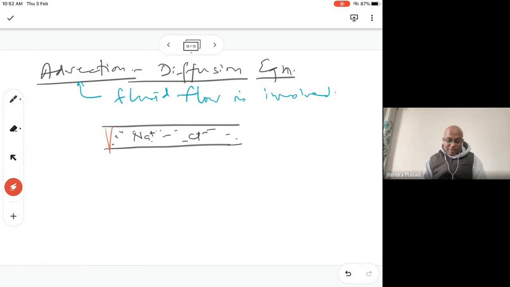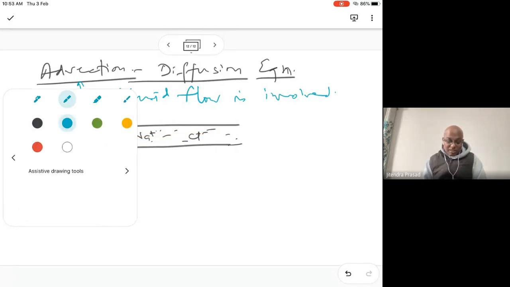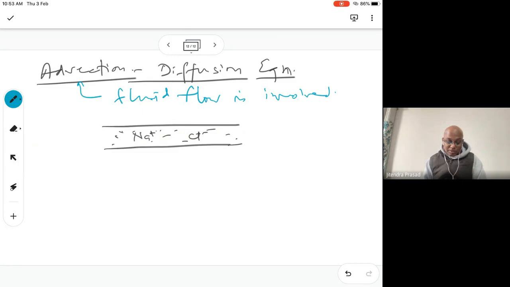There may be a difference in the concentration. This is a concentration gradient, right? C here will be different from C there. Then there will be a diffusion of these species, but at the same time you also have V, the velocity of the solvent.